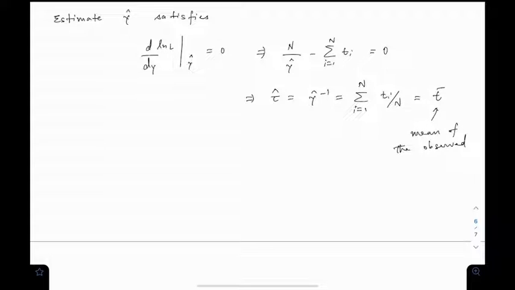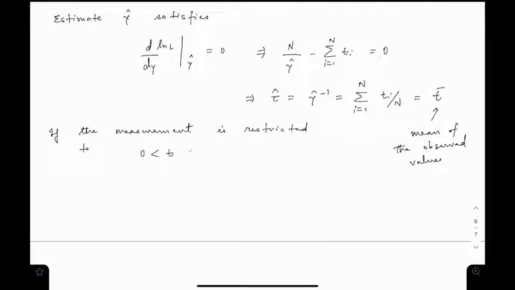Now, in practice, the full range up to infinitely large decay times is not always observable. So let's say the measurement is restricted to an interval, let's say t between 0 and some t max.